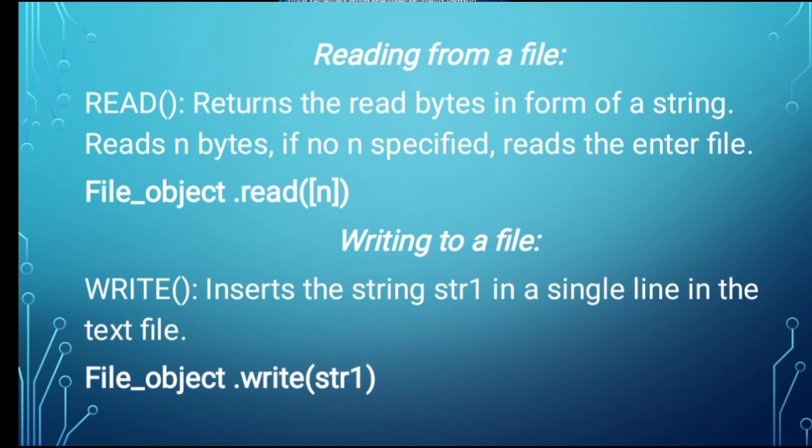Line by line reading reads the file line by line, treating each line as a separate entity. It is useful when dealing with text files that have a distinct structure, such as comma separated values files or log files.